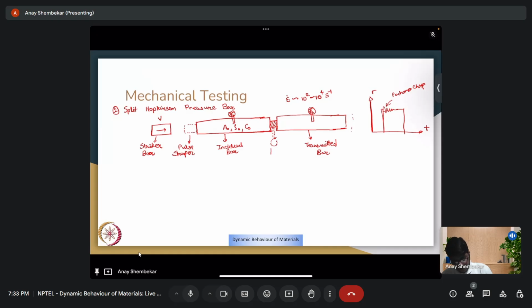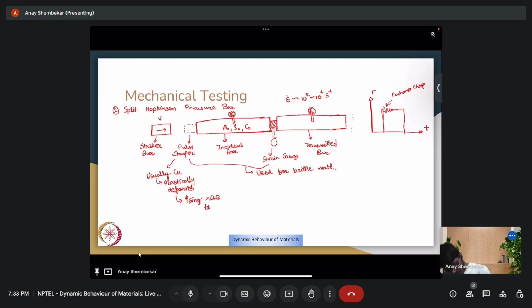This pulse shaper and the other strain gauge, right? These are used particularly for brittle materials. A pulse shaper is basically usually made out of copper, and it plastically deforms, therefore increasing the rise time.